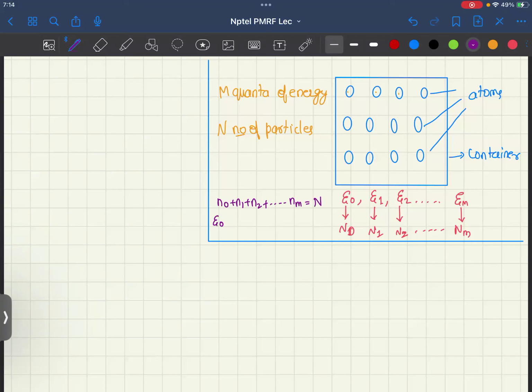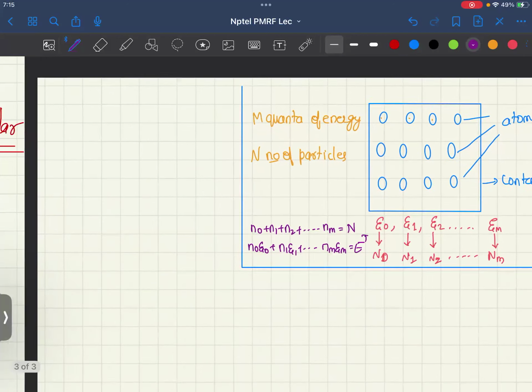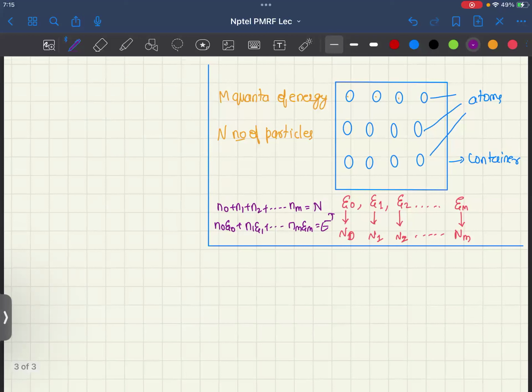Similarly, n0 into epsilon 0 plus n1 into epsilon 1 plus up to nm epsilon m is nothing but the total amount of energy, which was E total. Okay. So let us write this down first of all, and then we'll try to find out the probability distribution.